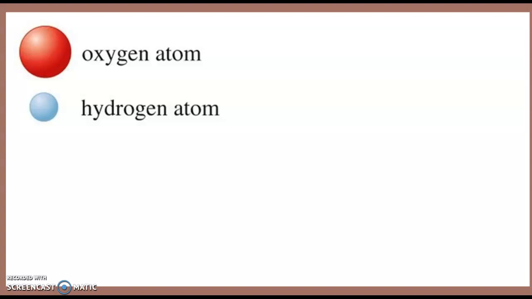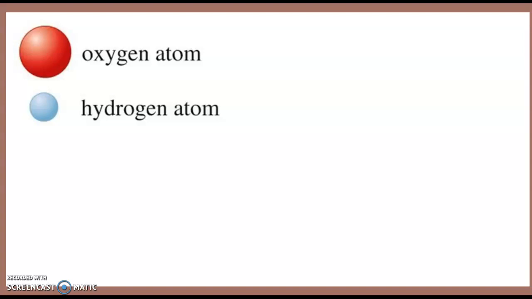In the example with oxygen and hydrogen, oxygen's symbol is O, and hydrogen's symbol is H. Also located in each of the elements, and it's going to be on different charts, it might be shown right above the symbol, or the one in your book shows the atomic number in the upper right hand corner. And that atomic number basically shows the number of protons, as there are electrons in a normal atom.